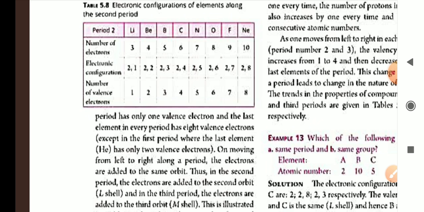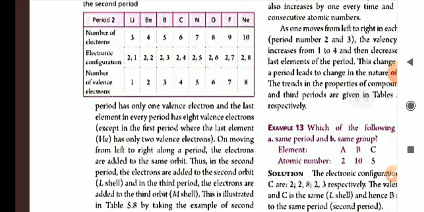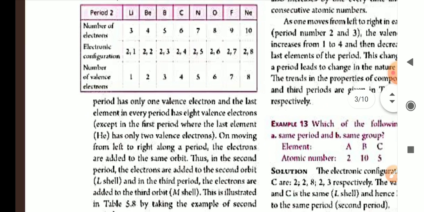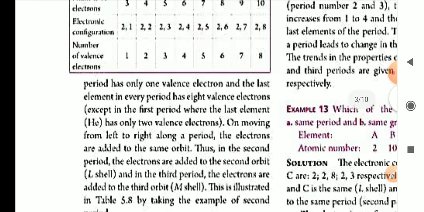If we go through each period, you can see that each period's first element has one valence electron in the outermost shell, and the last element in every period has 8 valence electrons in its outermost shell. So they are considered noble gases. Their group number is 0 or 18, except in the first period where the last element is helium, which has only 2 electrons in the outermost shell.